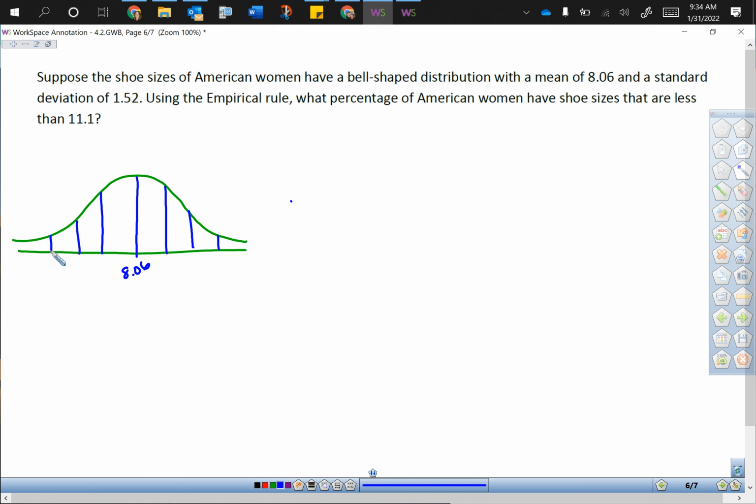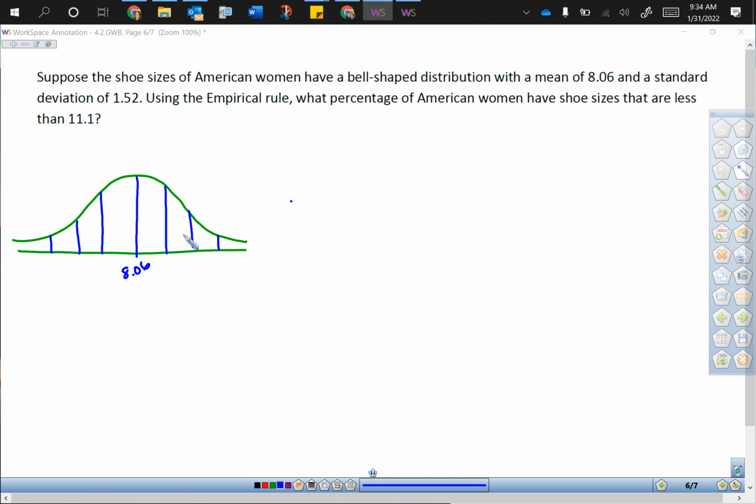However, let's think about it in terms of this problem. Maybe I don't need to find all of those measurements. Maybe that's not necessary. It says, using the empirical rule, what percentage of American women have shoe sizes that are less than 11.1? So I really need to focus on this 11.1. Do I need to worry about the standard deviations that are below 8.06?